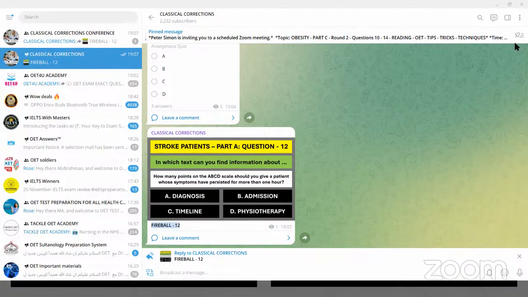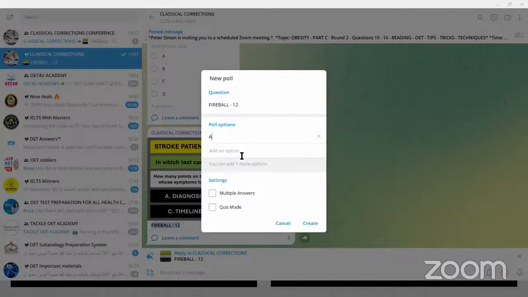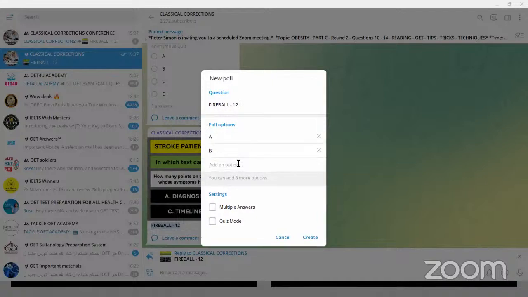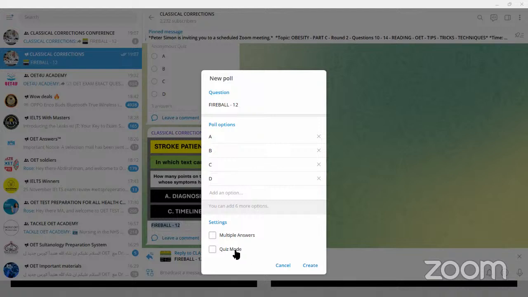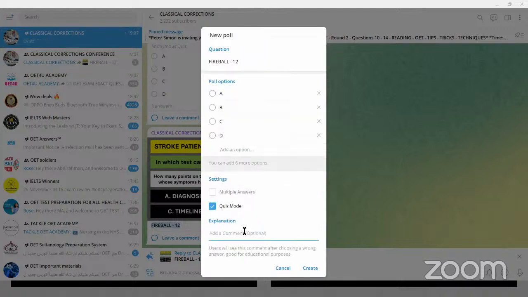Hole A, B, C, D. You know it very easy. No need to think anything now. So it is a logical reasoning approach. Just go there and find the answer.